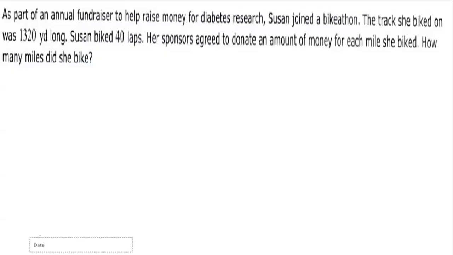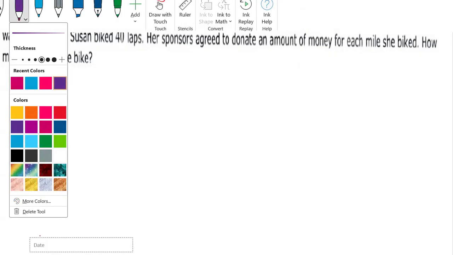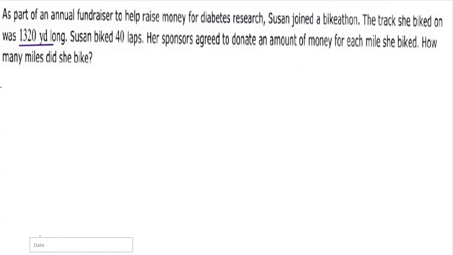So how do we do this? Again, I want to write down what I'm given first. We have the 1,320 yards, so 1,320 yards over one, and I want to go from that to miles.